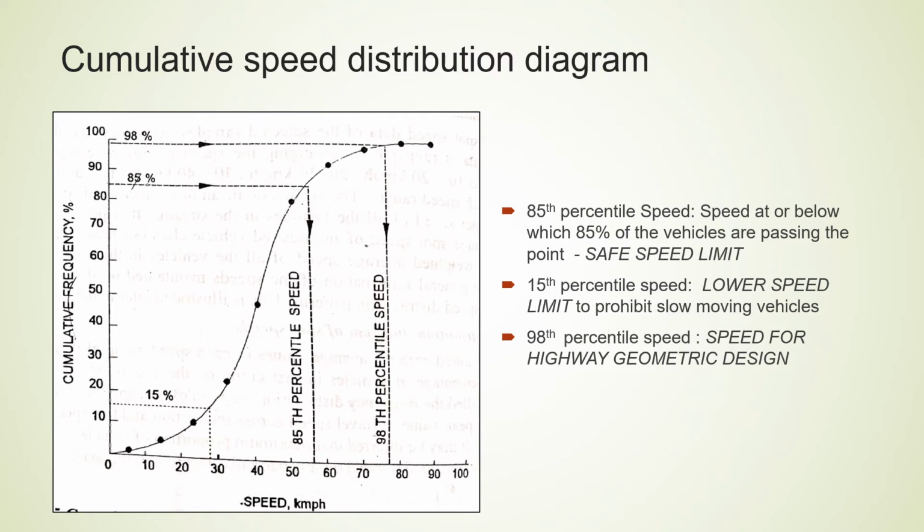Then what is cumulative frequency? You would have done this in your statistical classes. The cumulative frequency is the total frequency of vehicles up to that particular speed class interval. We'll get to know about this more when we do a problem in the next class.